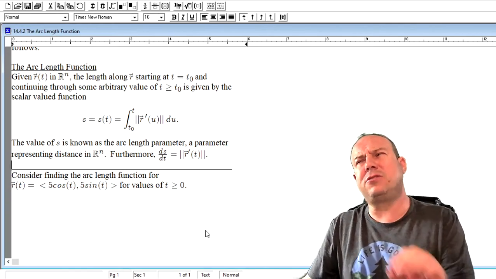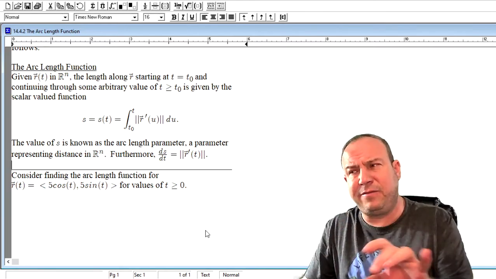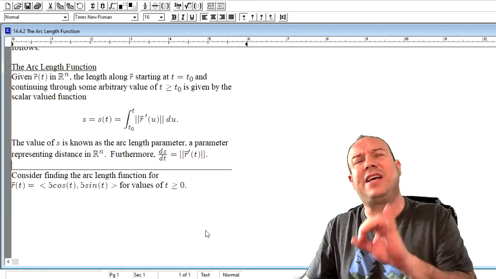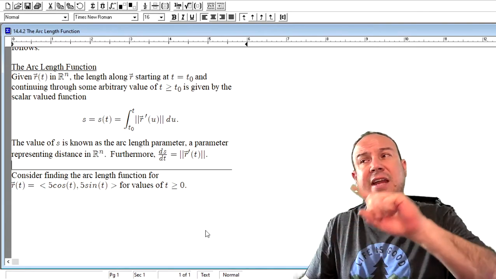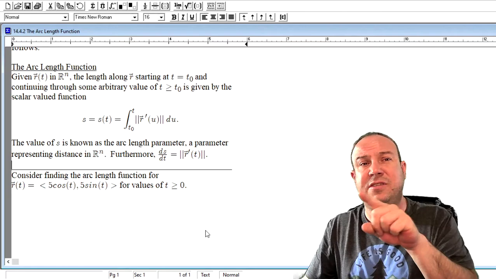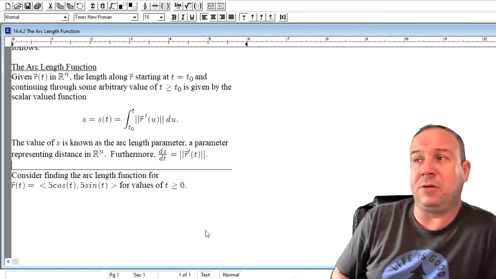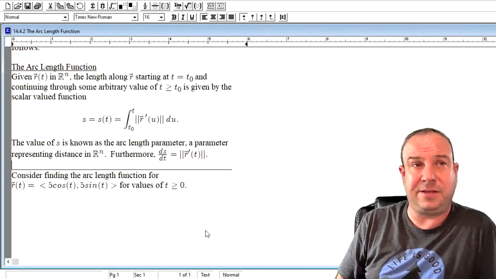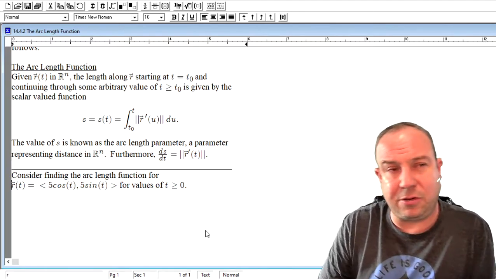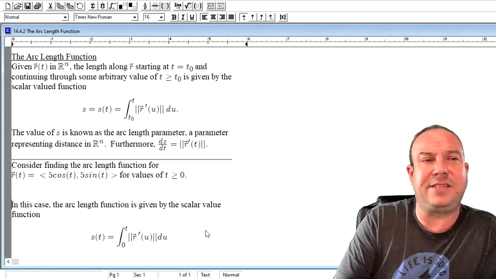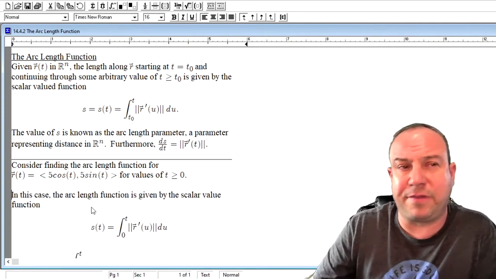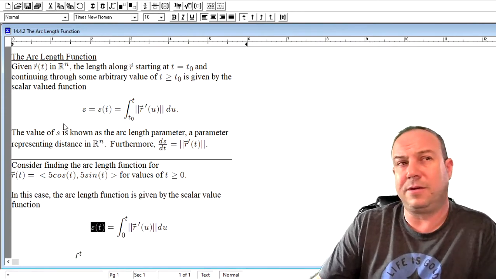All right? It goes a little further than just calculating an individual arc length, but gives us the description of that arc length for any arbitrary t that happens to fall after our value of t equal to 0 in this case. All right? And we do see here that in this case, the arc length function is given by the scalar function s of t. Right?